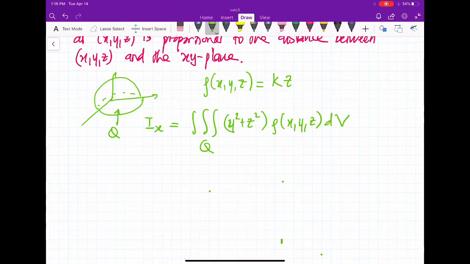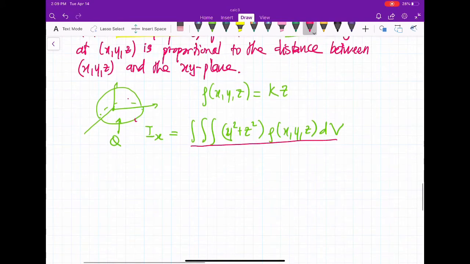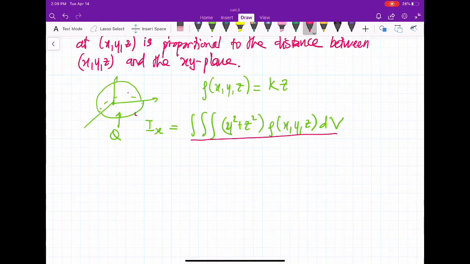In order to rewrite this integral in terms of iterated integrals, we may choose different orders, but in this case, I will choose the order dz, dy, and dx. That means we need to fix x, fix y, and then we integrate with respect to z first.